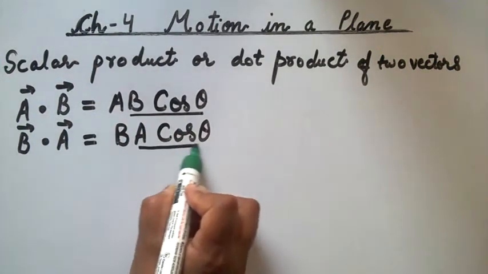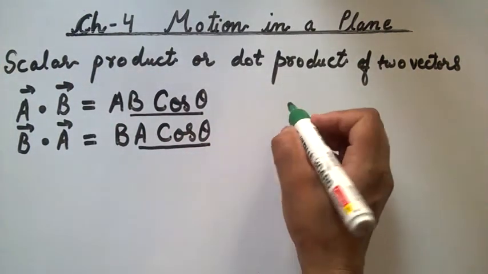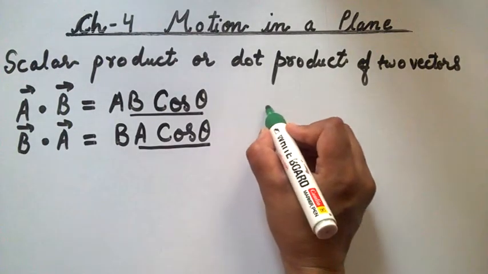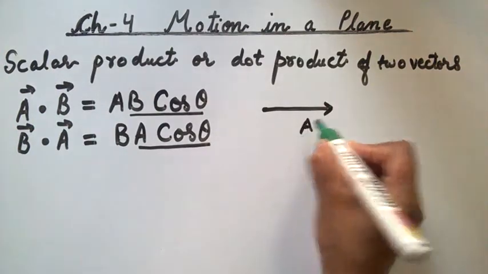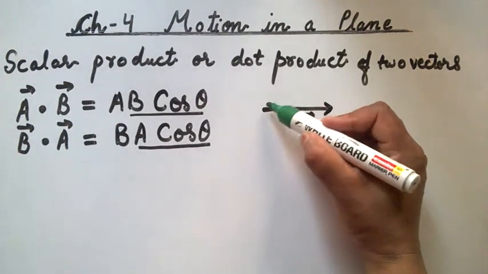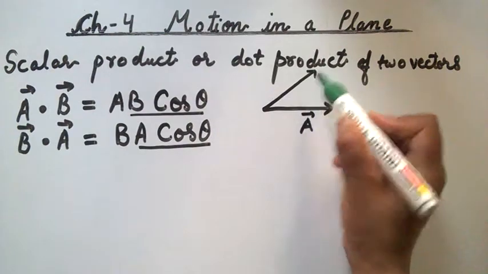So we can draw it, b cos theta can be drawn in this way. Let us suppose this is vector a and this is vector b making an angle theta with a.